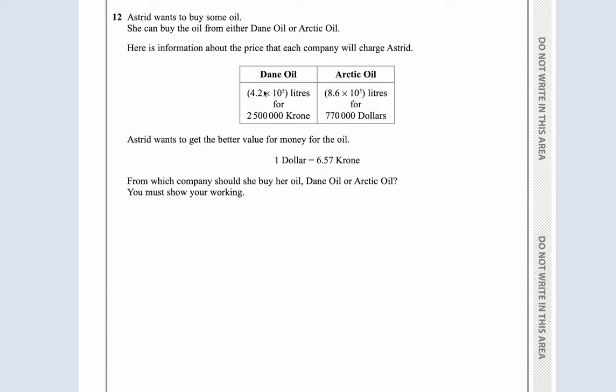But if you can get 4.2 times 10 to the 5 liters for 2,500,000 krone.